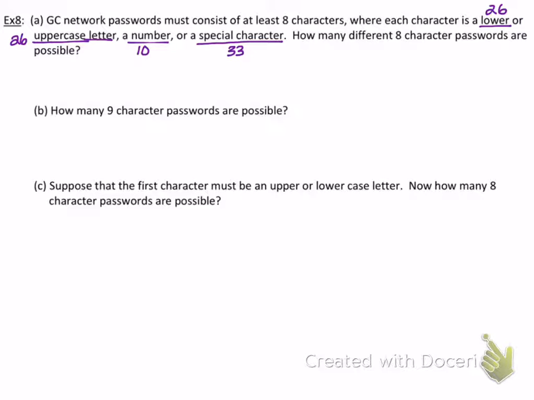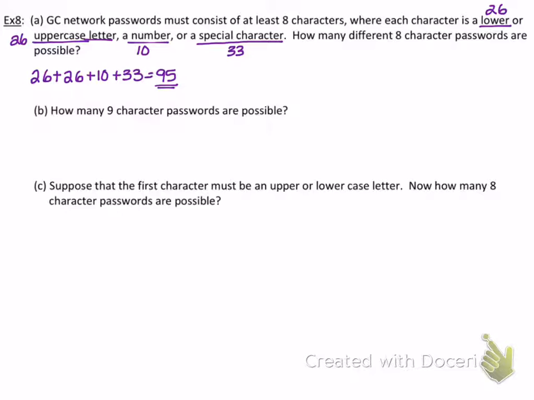The first character in our password can be any of these. So in total, each option out of the 8 could be upper, lower, a number, or a special character, which gives us 95 possibilities just for the first spot.